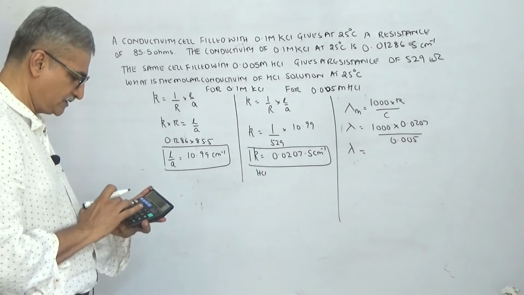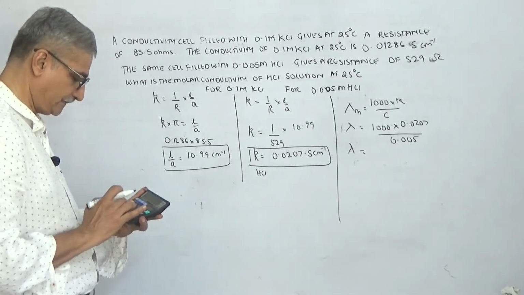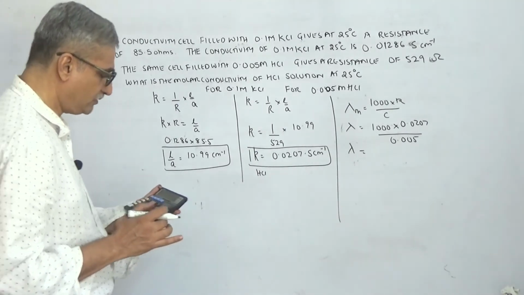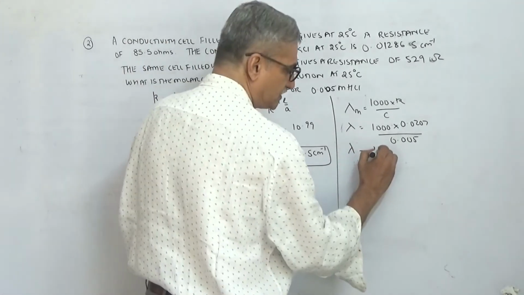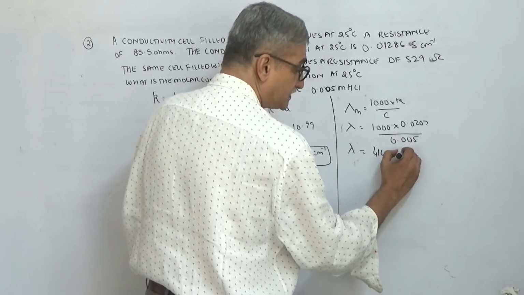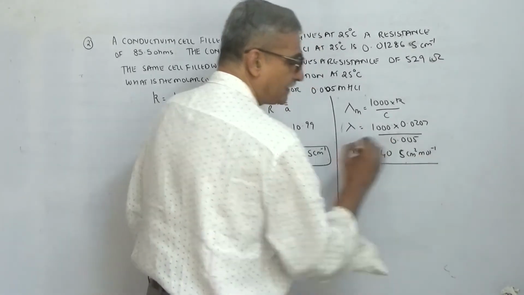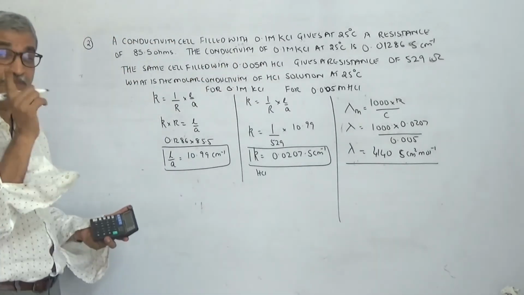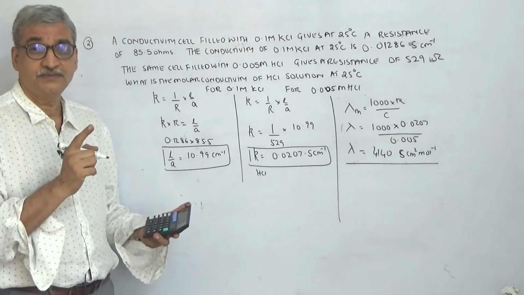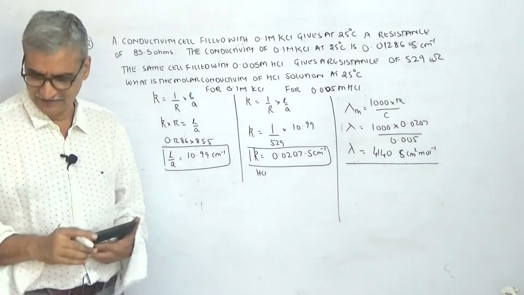So 1000 into 0.0207 divided by 0.005 is equal to 4140. This is Siemens centimeter square per mole. Remember the units, because in the board exam, if the units are not there, half a mark is very sincerely deducted. Is this clear?